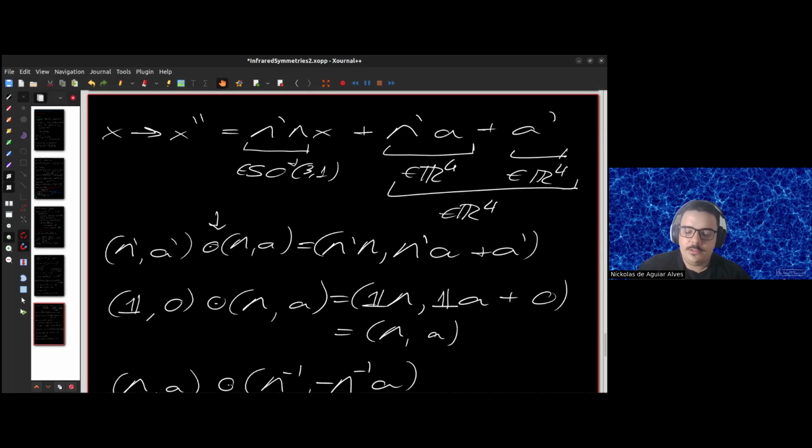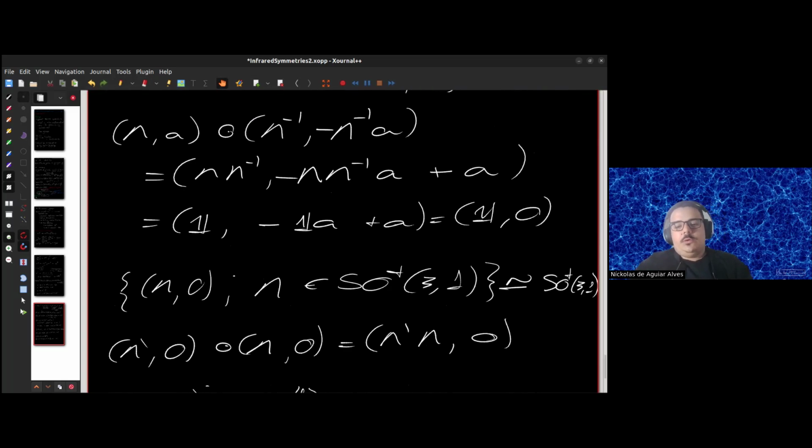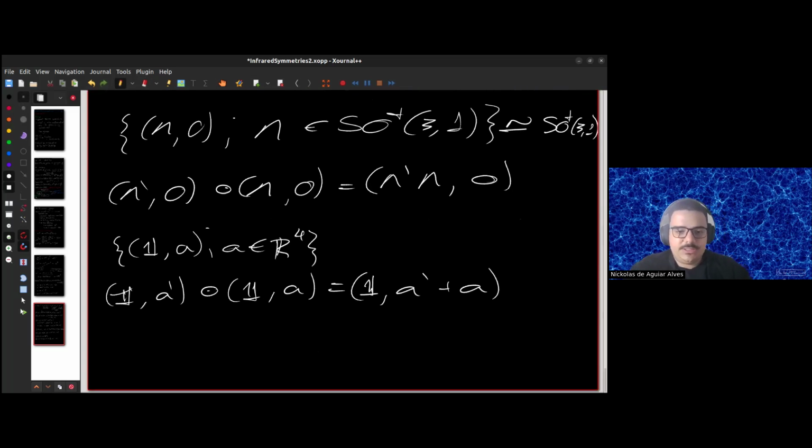So this group is actually isomorphic to the group R4 with the operation of addition. It is the vector space R4 with the operation of addition, so this is actually a group. As I mentioned in the last class, every vector space is a group under addition.